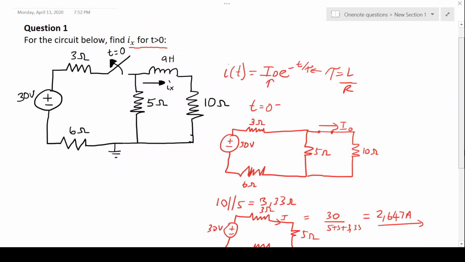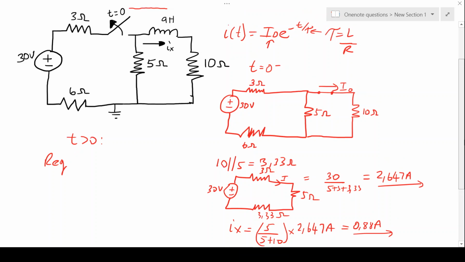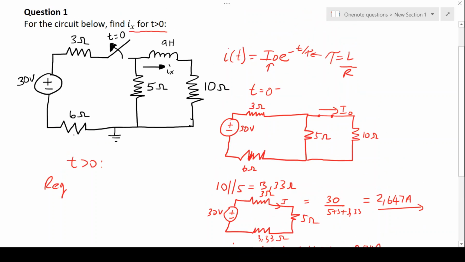Now we need to determine, when time t is greater than 0, the equivalent resistance. So at time t greater than 0, we know that this part of the circuit disconnects, so this whole part falls away, and what we have left is the inductor and the two resistors.